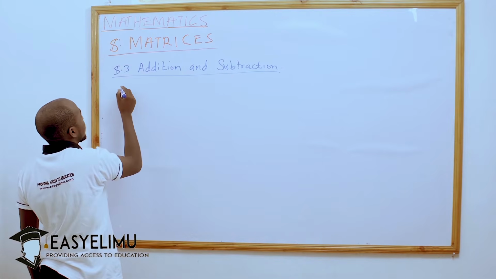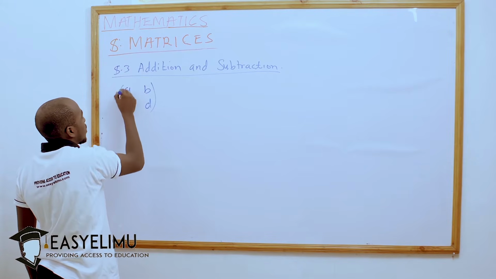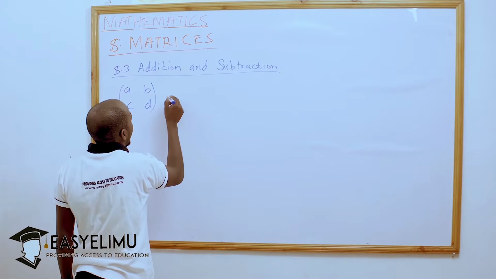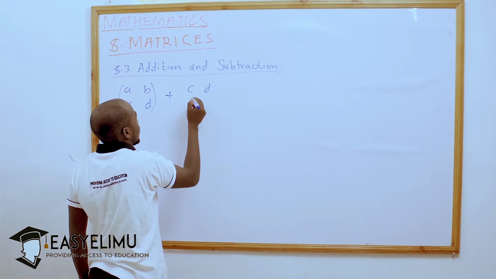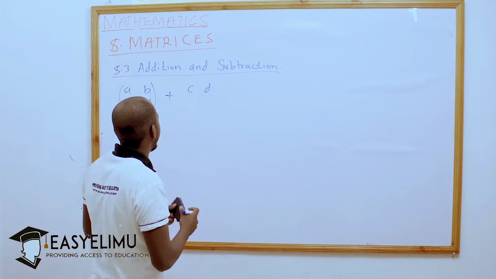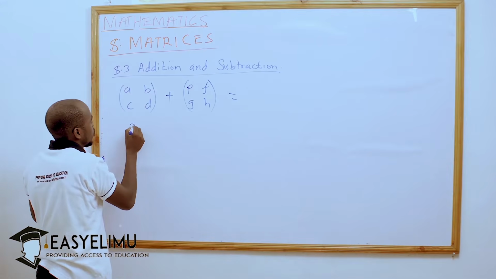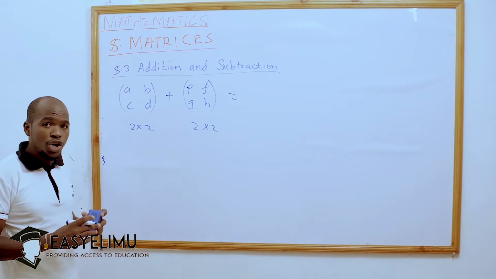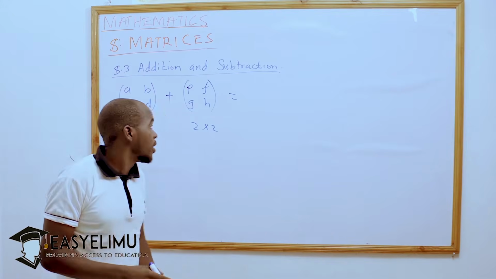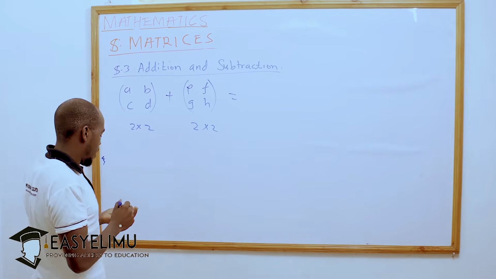If it is, for example, A, B, C, D, and I have another one that we are adding to it, let's say it is E, F, G, H. If we are adding, we can see this is a 2 by 2 matrix, and this is a 2 by 2 matrix. So condition 1 is fulfilled, meaning that they are of the same order, they are compatible.